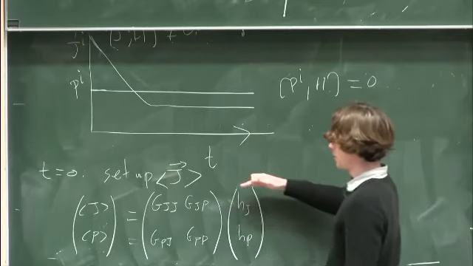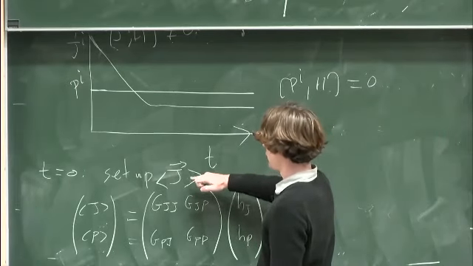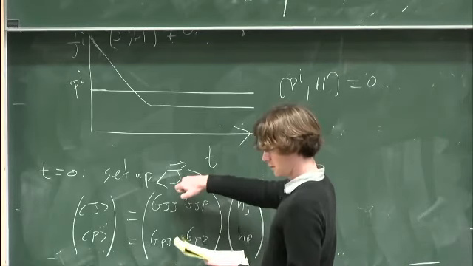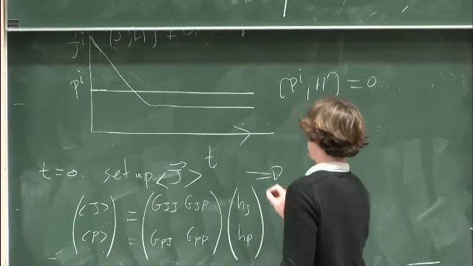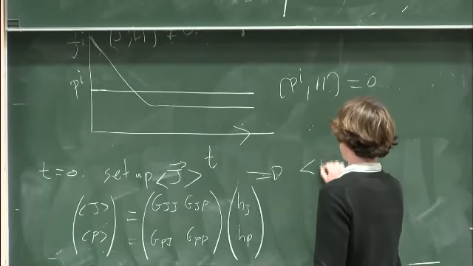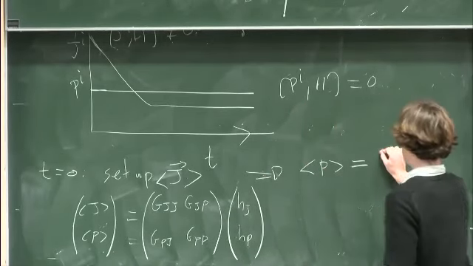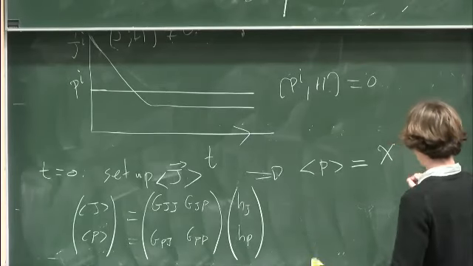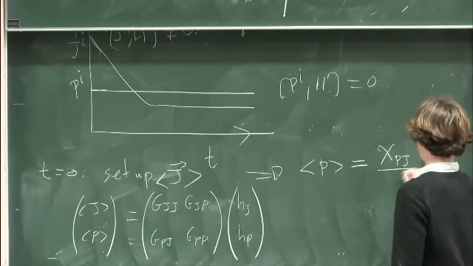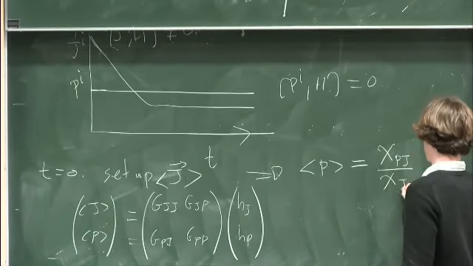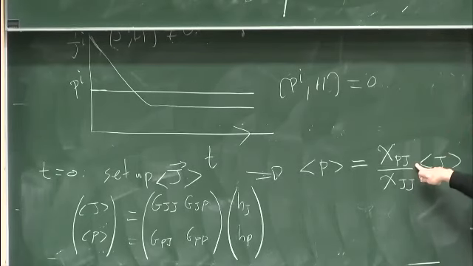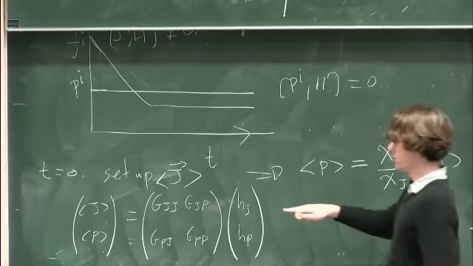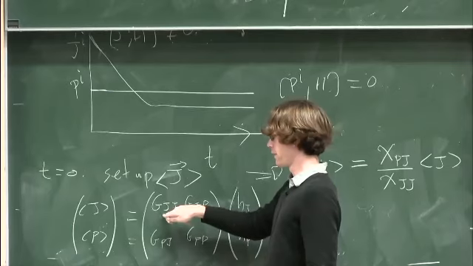So what I do when I set up this state J, what that implies at t equals 0 is that there's going to be a momentum induced. That's going to be chi PJ over chi JJ of J. I'll tell you what chi is in a second. Chi PJ is the static susceptibility, which is the zero frequency limit of these Green's functions.